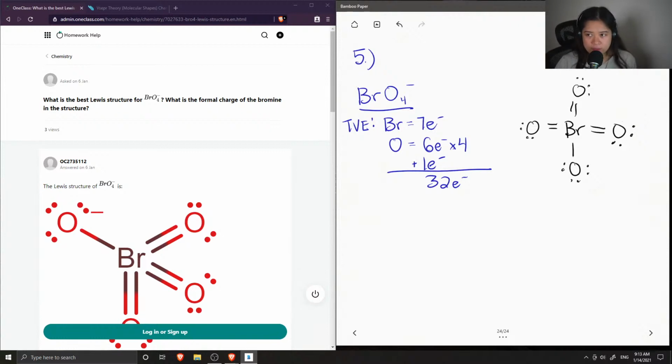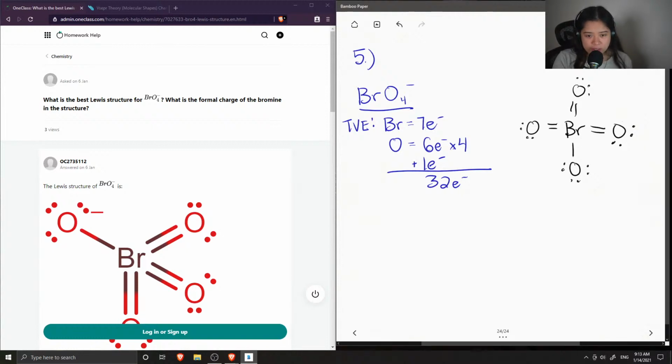So now let's also double check to see how many electrons are in this structure. If we count them all out, each bond contains 2 bonding electrons. And we have 1, 2, 3, 4, 5, 6, 7 bonds. That's 14. And we have 32 electrons in total.